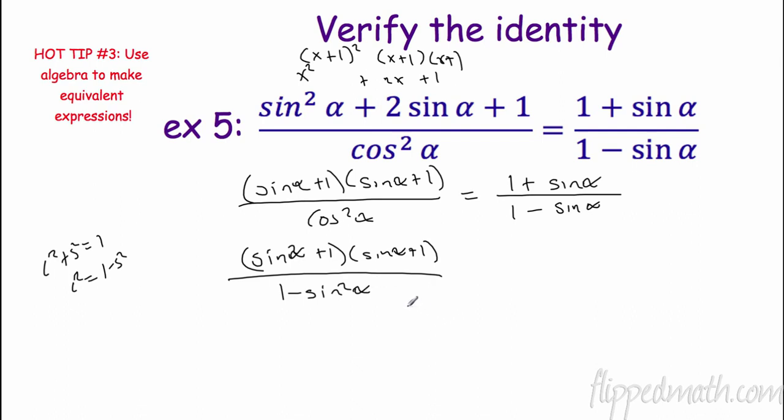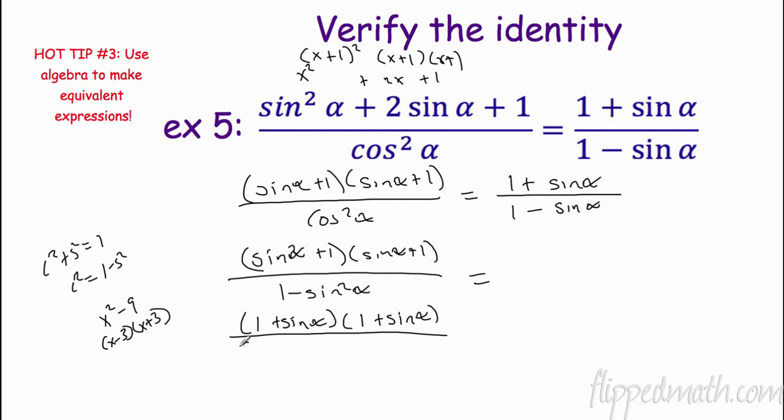All right? Now this is difference of squares. It's like x to the second minus 9. Difference of squares, that's x minus 3 times x plus 3. Using algebra again. So now, here's something else. We've talked about this. Keep this in mind. Can I rewrite this side a little bit like that? I can. So I'm going to just rewrite this as 1 plus sine alpha, because I think that'll help us in the future. All right. So this is difference of squares, as we talked about. The square root of 1 is 1. The square root of sine squared is sine.